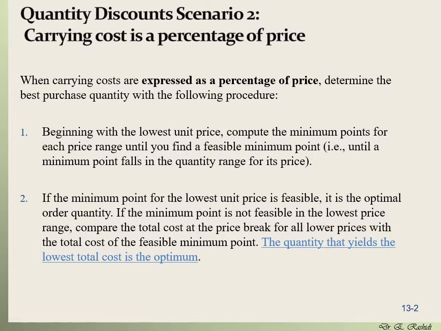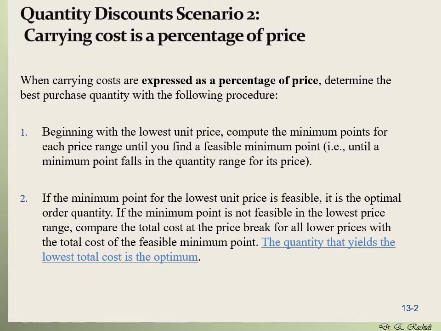When carrying costs are expressed as a percentage of price, that means the carrying cost would vary and change with the price. Determining the best purchase quantity, the optimal quantity Q optimal, can be found with the following procedure.